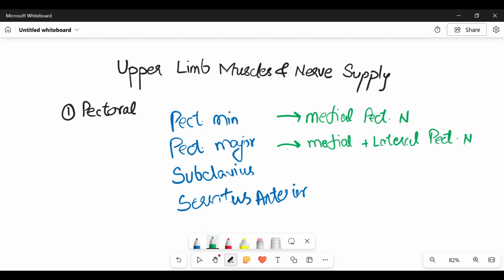Subclavius is supplied by the nerve to subclavius, whereas serratus anterior is supplied by the long thoracic nerve.